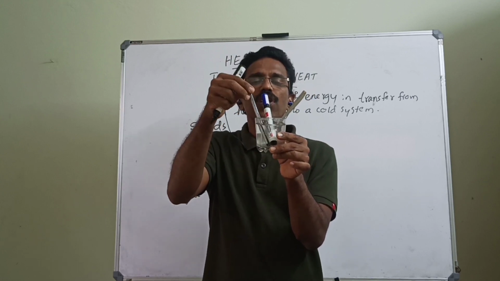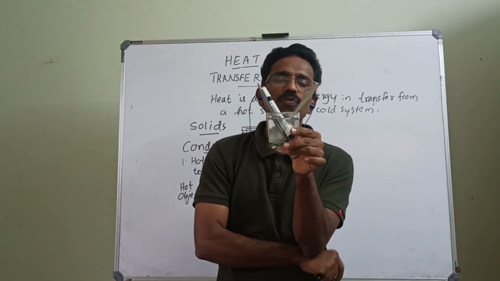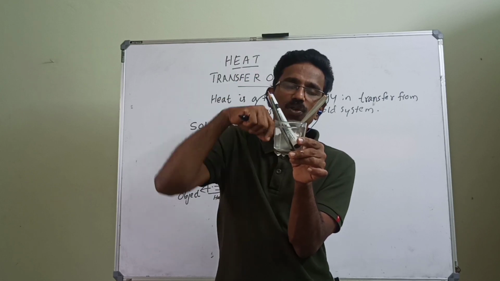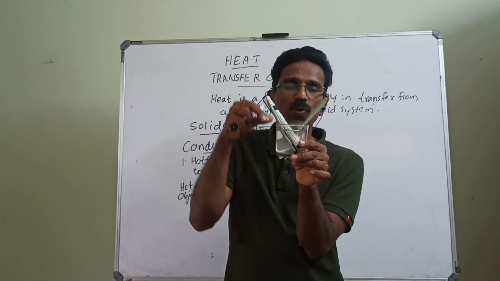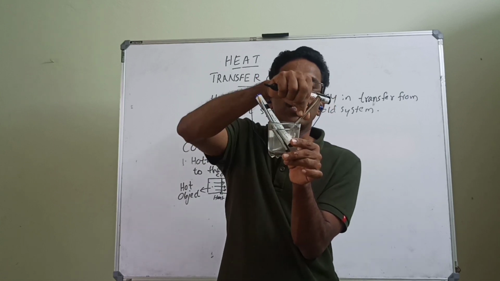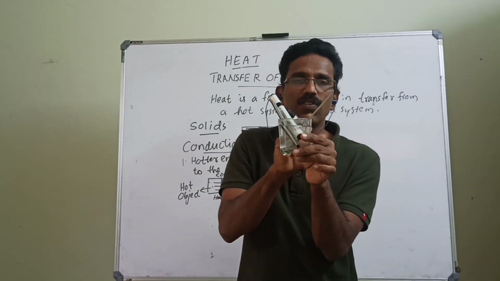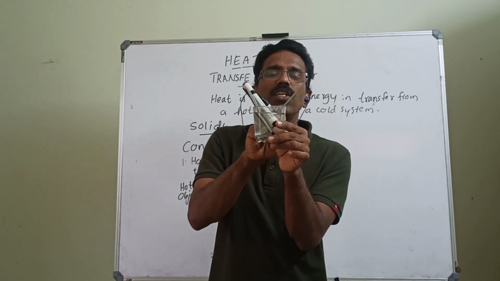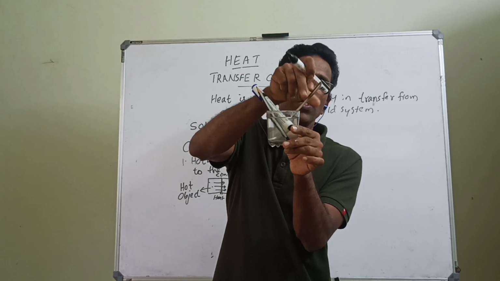After some time, if you touch the other end of the steel spoon, you can see that the handle of the steel spoon gets heated up. The heat from the lower end gets transferred to the handle part.